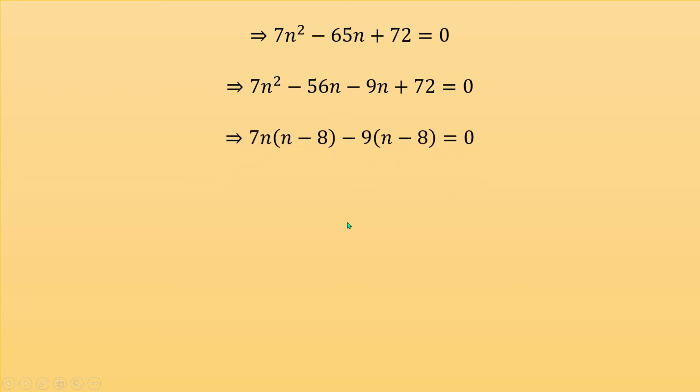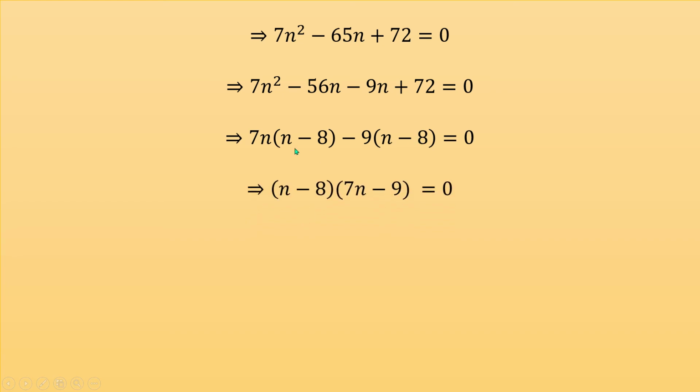Now we have to take common between these two terms. Here common is 7n, and remaining here n, and here 8. Okay, and between these two terms common is minus 9, so here will be minus n, here minus 8.